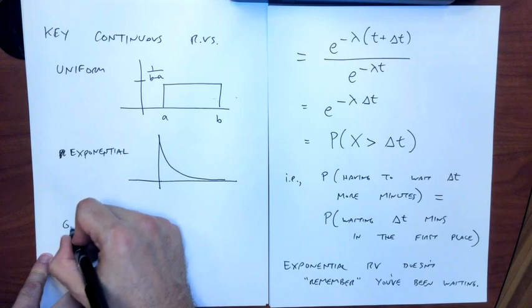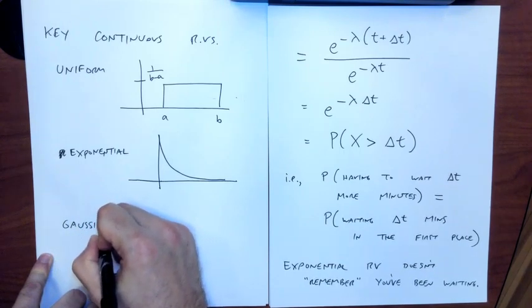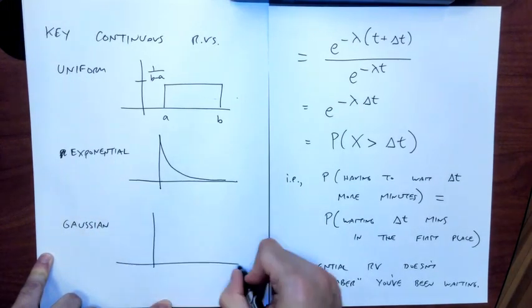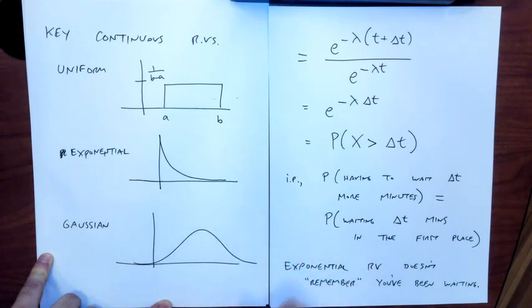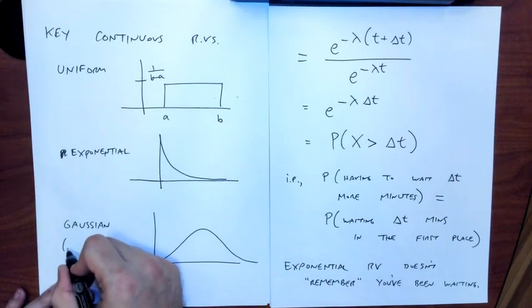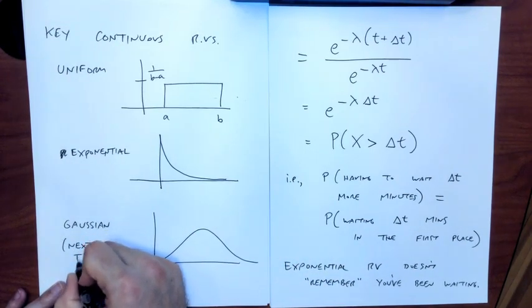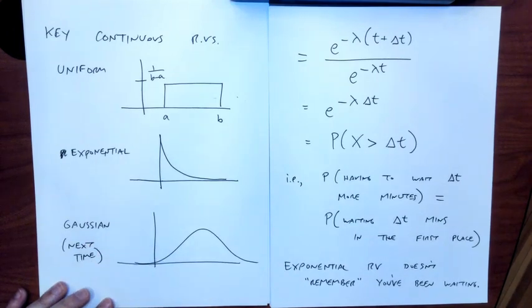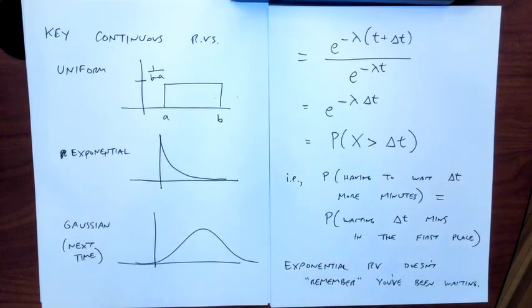And we have Gaussian, where the PDF is this familiar bell curve shape. We're going to talk about this all next time. These three things together model a lot of phenomena that you're going to come across as electrical engineers or any kind of engineers, okay?